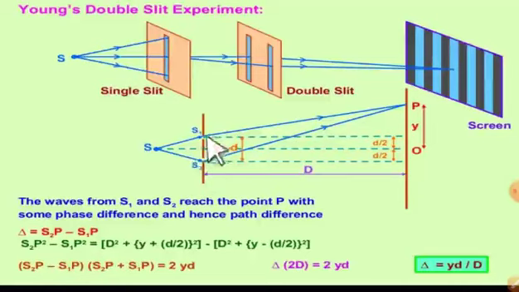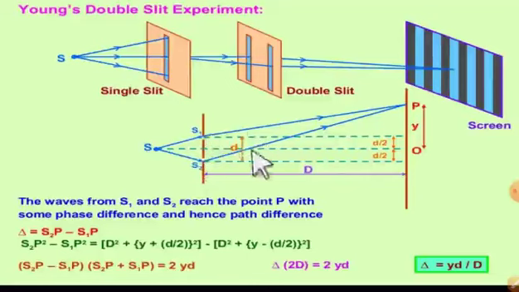But by taking this right triangle here, the distance between the slit and the screen is denoted by capital D, and the distance between the two coherent sources is denoted by small d.